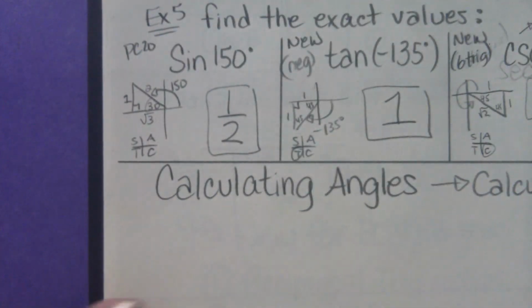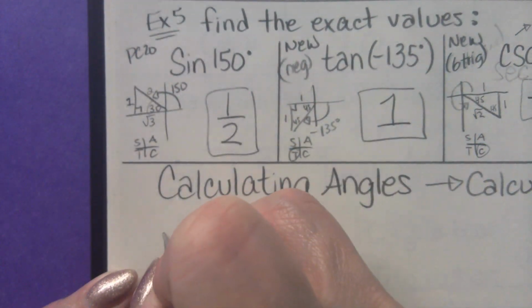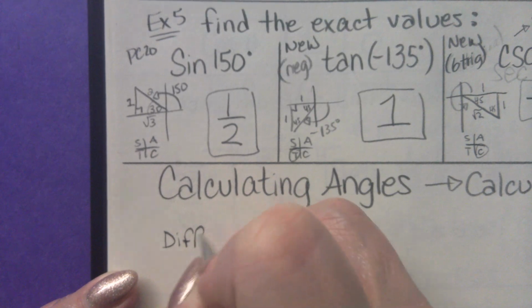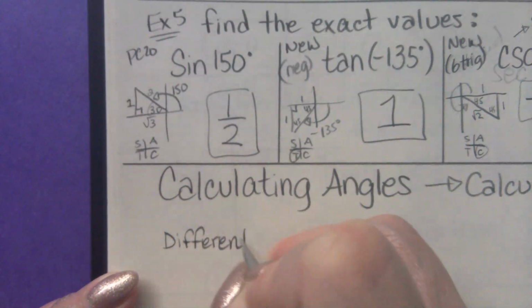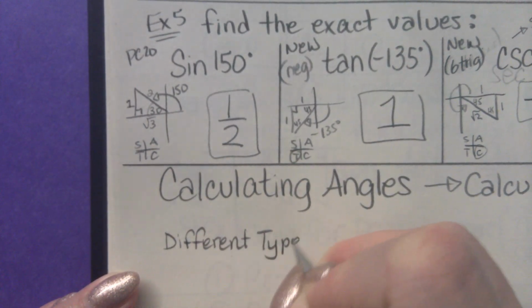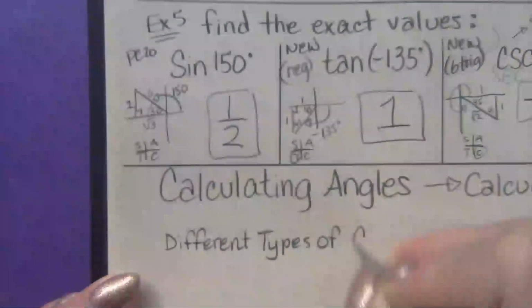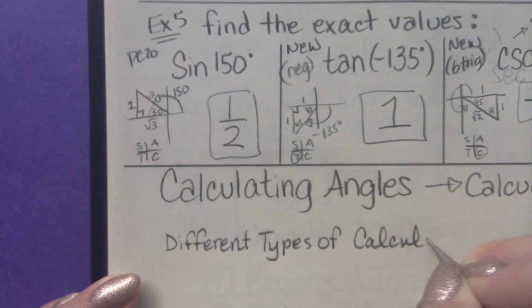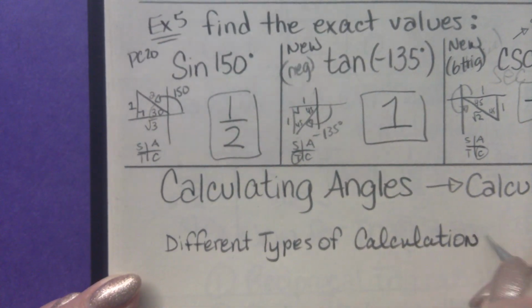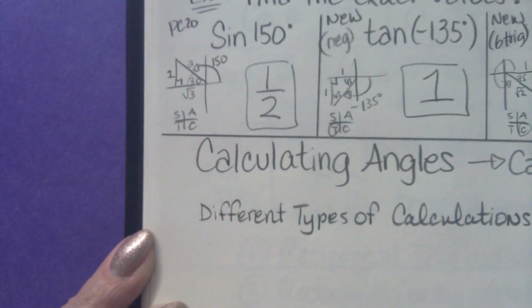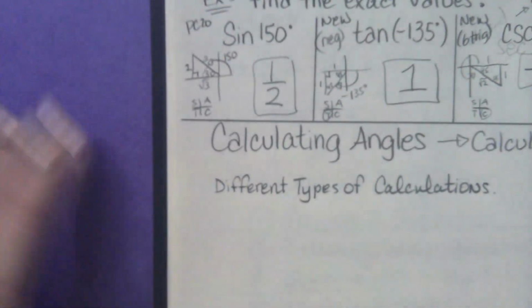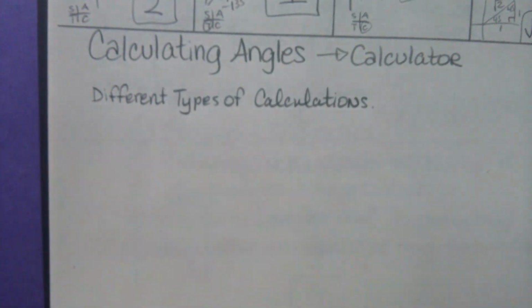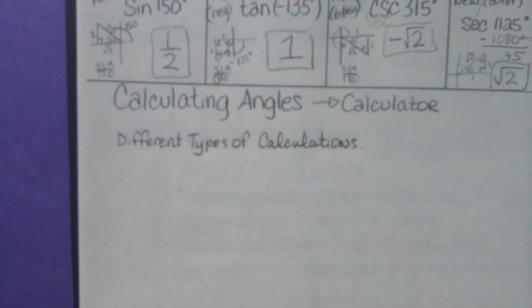So let's do the different types of calculations. Okay, there is 5 of them. I would make sure that we write all the steps to them, because then you kind of remember, because there's kind of some different orders of things that have to be done.